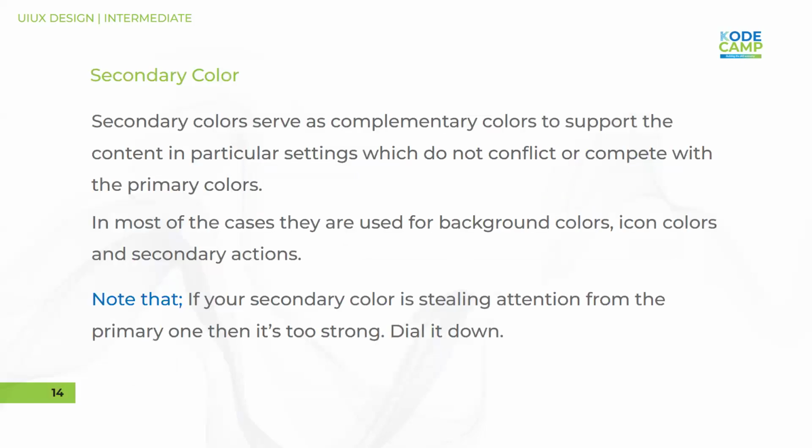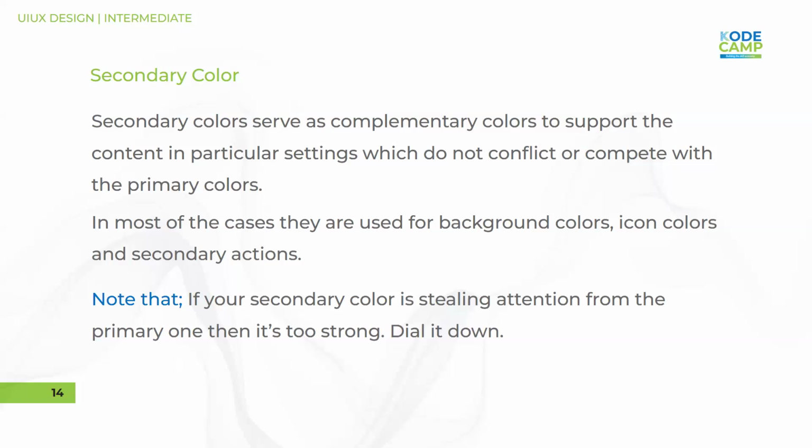All right, so let's look at the second one, secondary colors. This is the supporting cast. We'll call it a supporter of the primary color. Secondary colors serve as complementary colors to support the content in particular settings, and they do not conflict or compete with the primary colors.